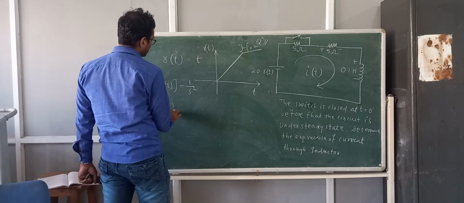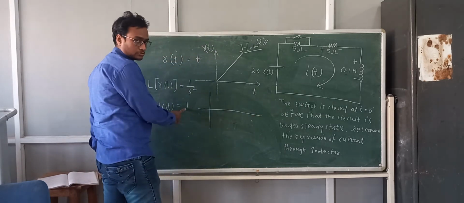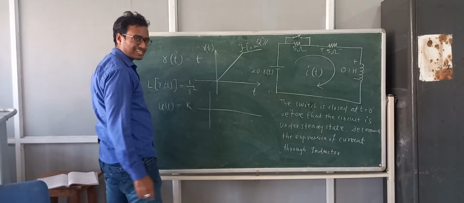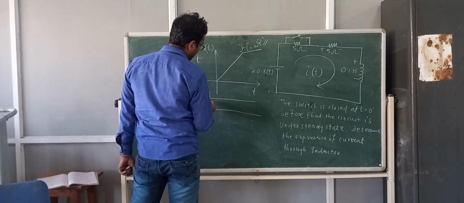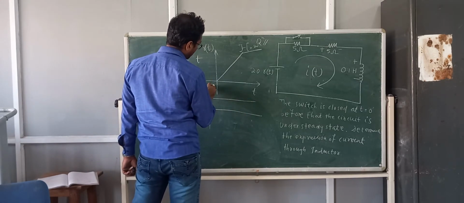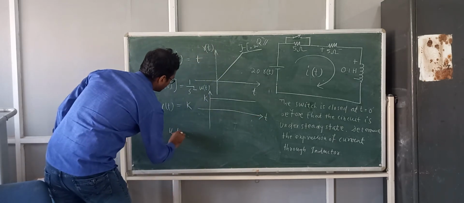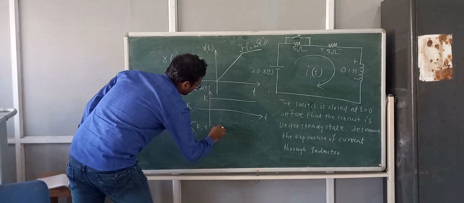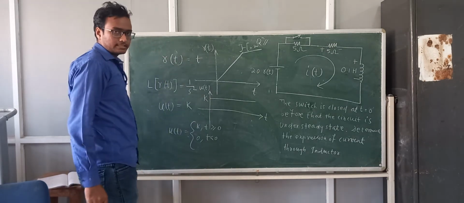So what is step input? Step input is u(t) equals to 1. It is called unit step response. Suppose u(t) is equal to k, this is called step input. Suppose this value is k. Suppose this is u(t), this is t. I can say that u(t) is equal to k for t greater than or equal to 0 and 0 for t less than 0.